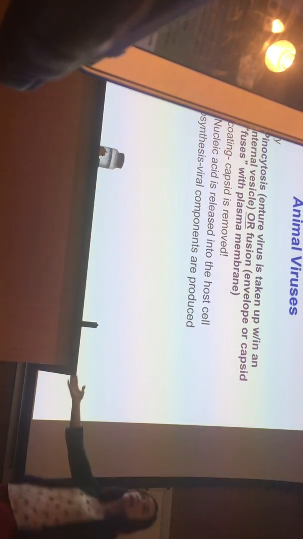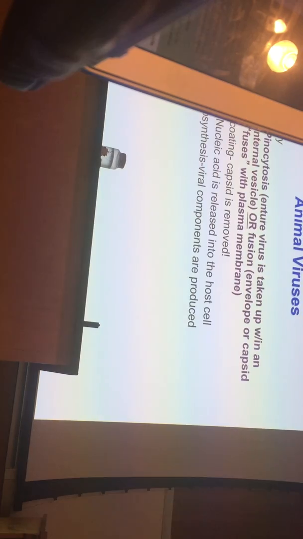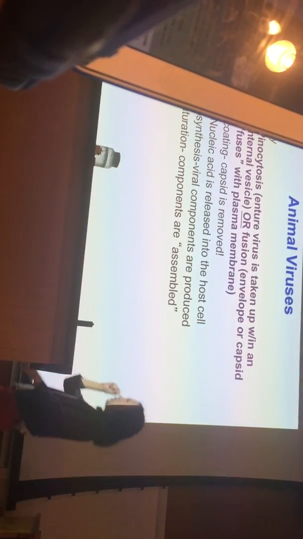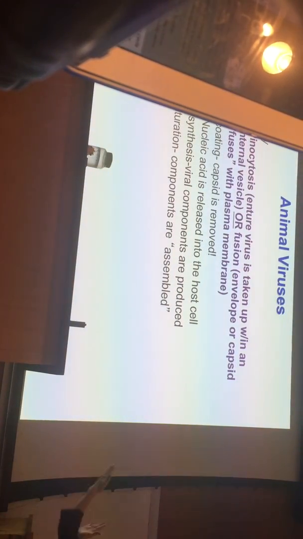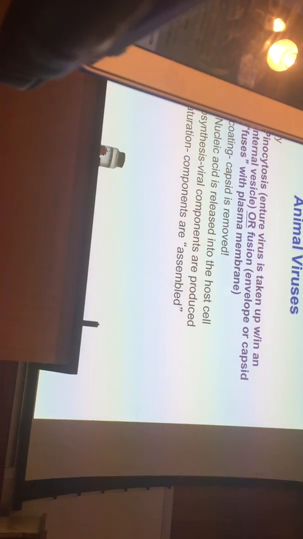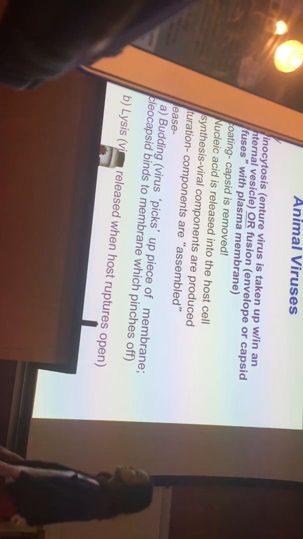Sometimes there can be a big lag. And then maturation, everything's assembled, that's the same. So all the different parts are assembled together. So the outline is basically very similar to viruses that infect bacteria, but the release is a little bit different. So at the end we have release.